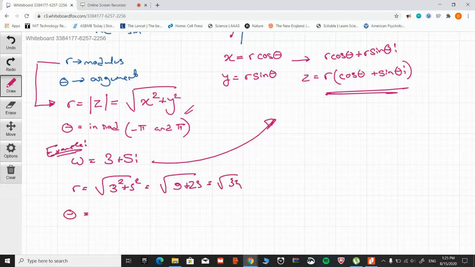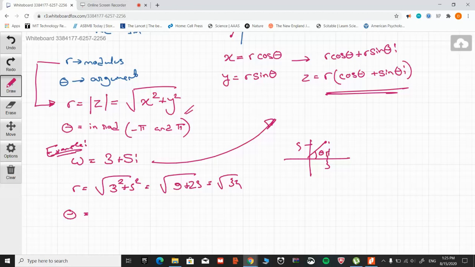Now, in order to calculate the argument properly, you might want to do a quick sketch of the number so that you know in which quadrant it is. So this one is very simple, 3 comma 5. This is in the first quadrant. So the argument is this angle and no other angle.